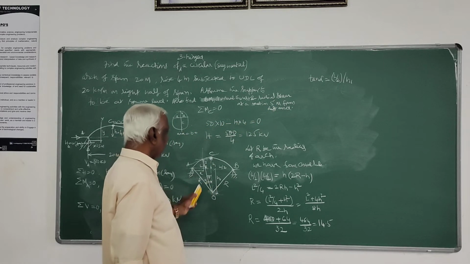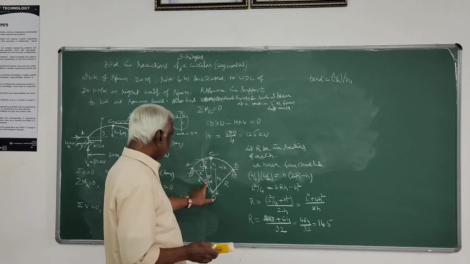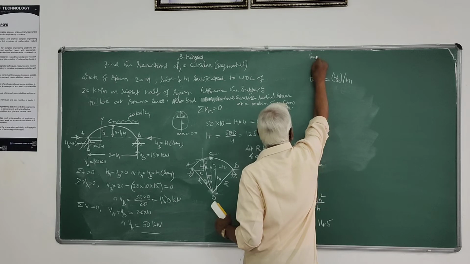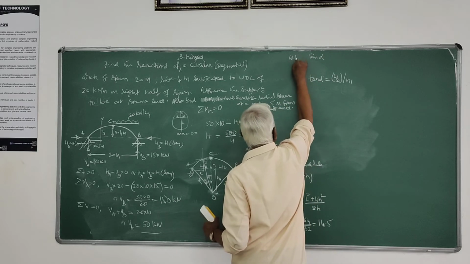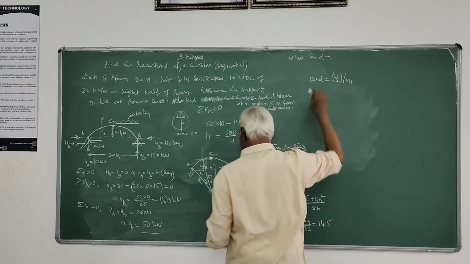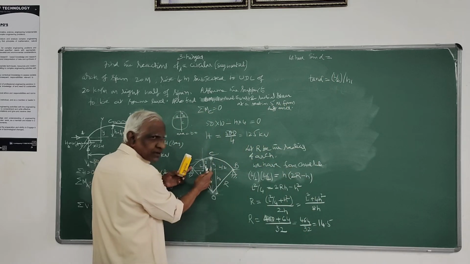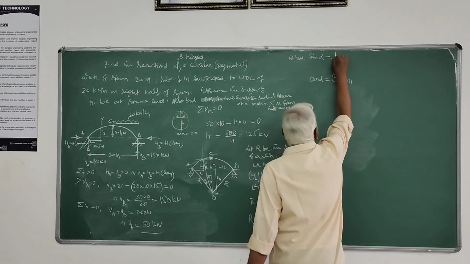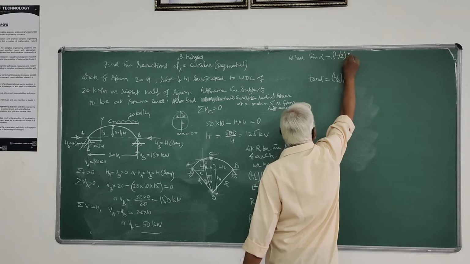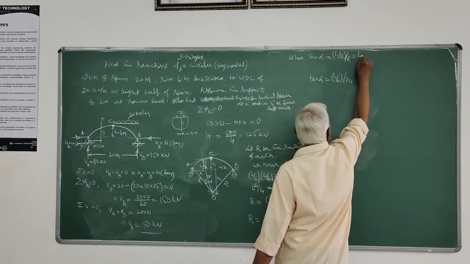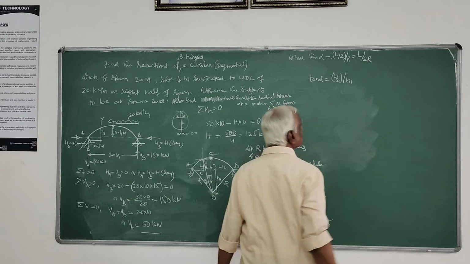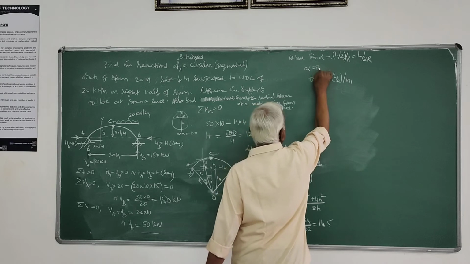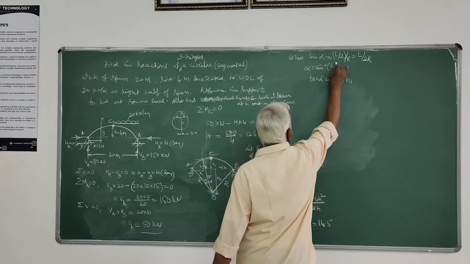For determining alpha, I will take sine alpha. We know sine alpha is equal to the opposite side, that is L by 2 divided by R, that is L by 2R. Therefore alpha is equal to sin inverse of L by 2R.